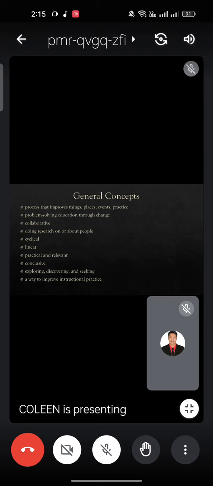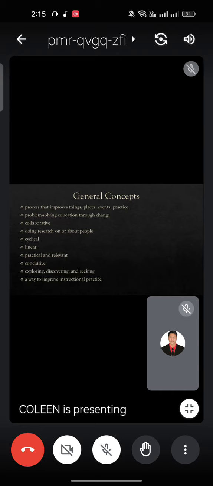Facilities should also improve, the materials that are provided for the students. How about the documents that we produce for our students? You can conduct an action research about those.